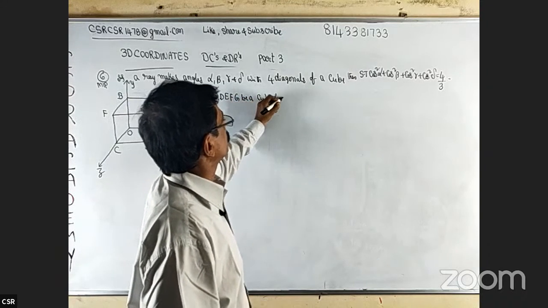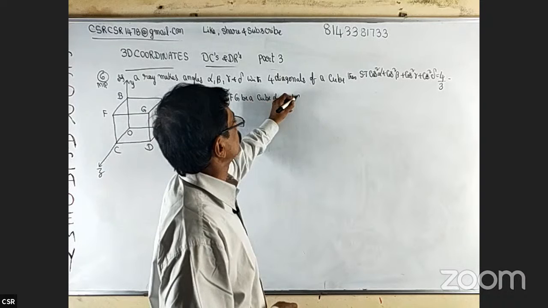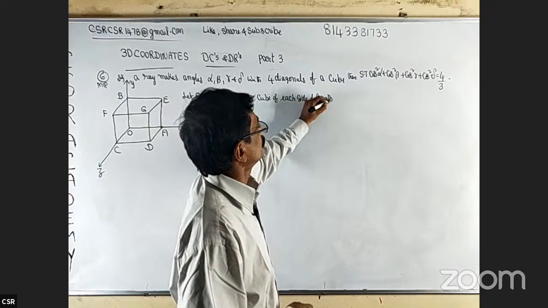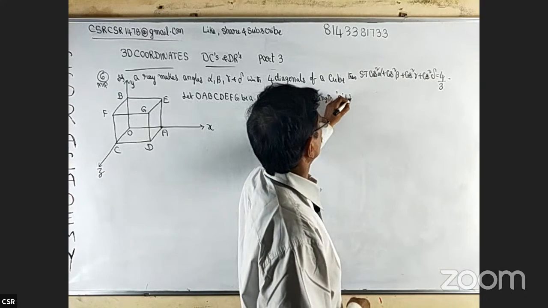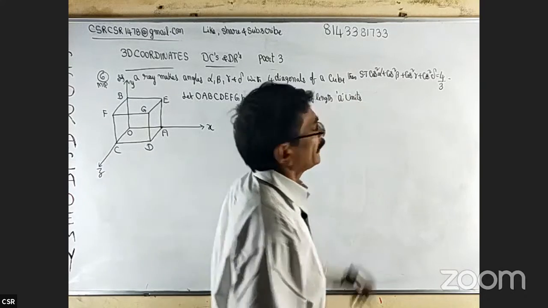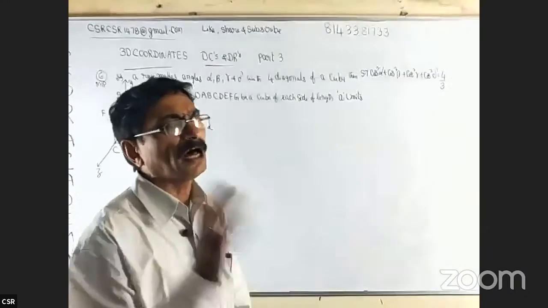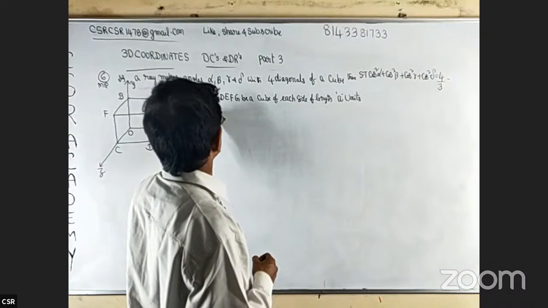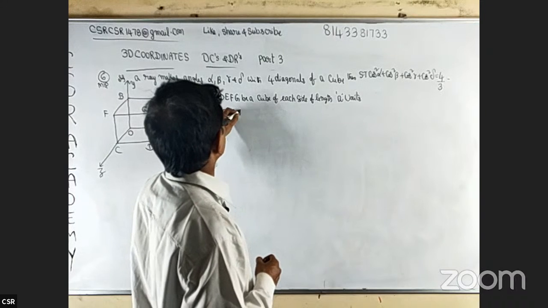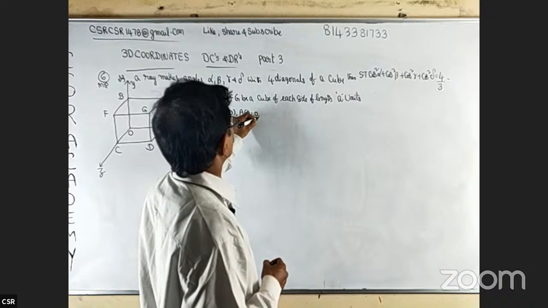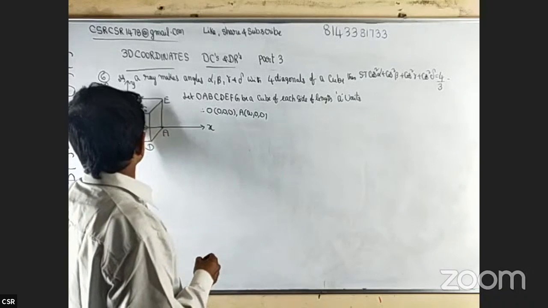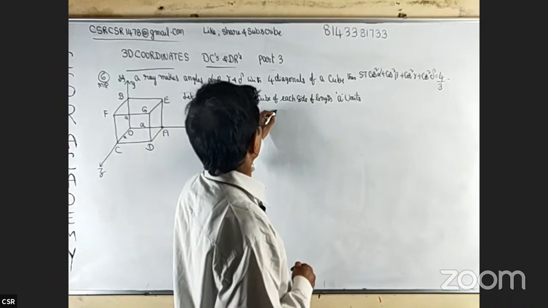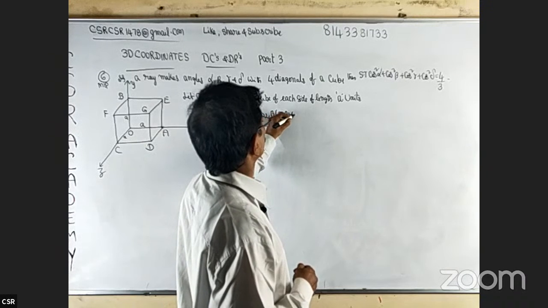The cube has each side of length A units. Cube means all side lengths are equal. Therefore, O is the origin, A is on the x-axis, A, 0, 0. Every length is A. Next, B is on the y-axis, 0, A, 0.